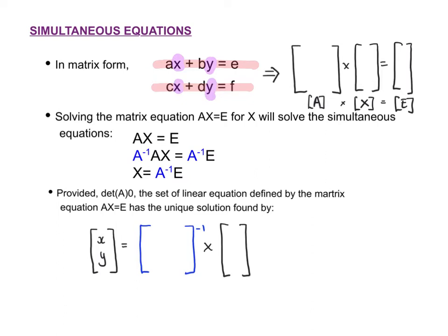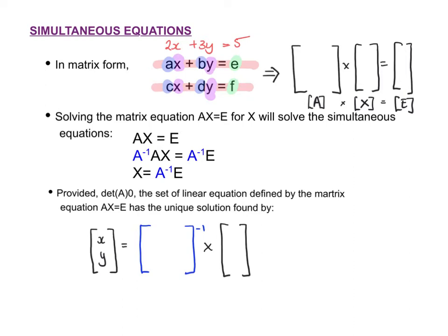These other numbers or letters here, the A, B, C and D, and also this E and the F, are going to be numbers in this scenario, okay? So it might be like 2x plus 3y equals 5 or whatever.